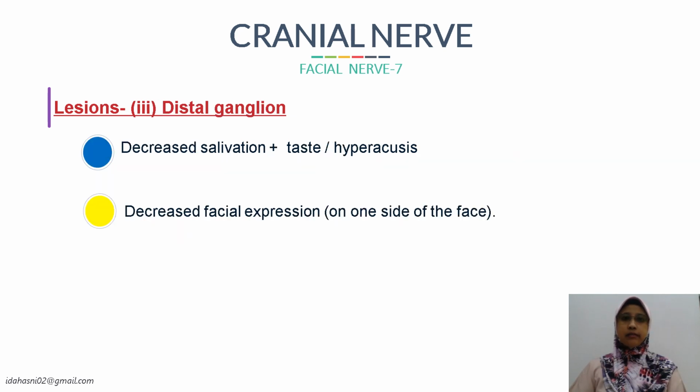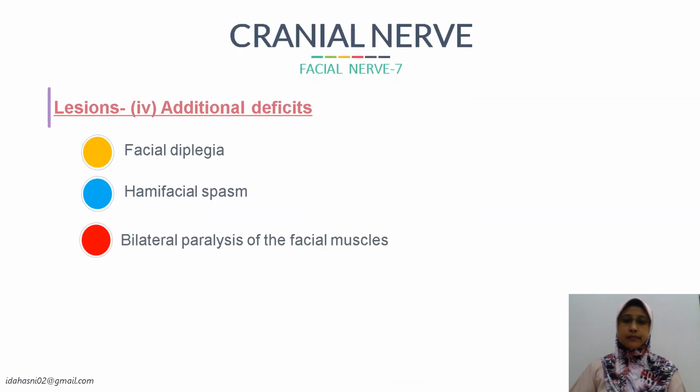Any lesions distal to the ganglion of the facial nerve will lead to decreased salivation, taste, and hyperacusis. Patients also may have decreased function of all facial expressions on one side of the face. Additional deficits that can be seen due to facial nerve lesions are facial diplegia. Patients may also show hemifacial spasm.